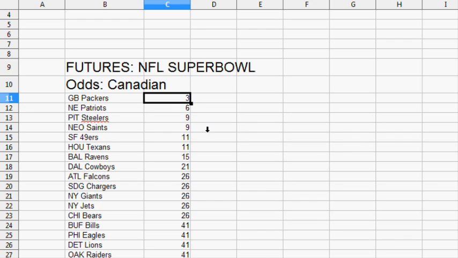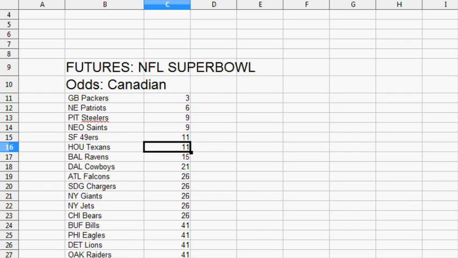You subtract it by 1. And the New England Patriots 6-1. They're hot, but still not the greatest of value. And when you're playing these futures, these pay out at the start of February. How much inflation are we going to lose in the next 3 months or so?